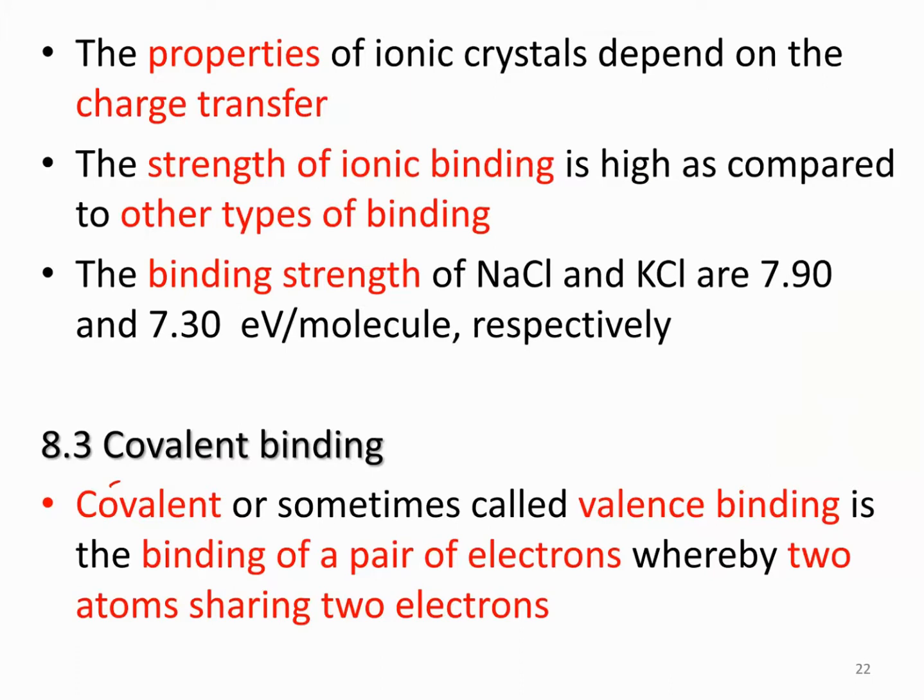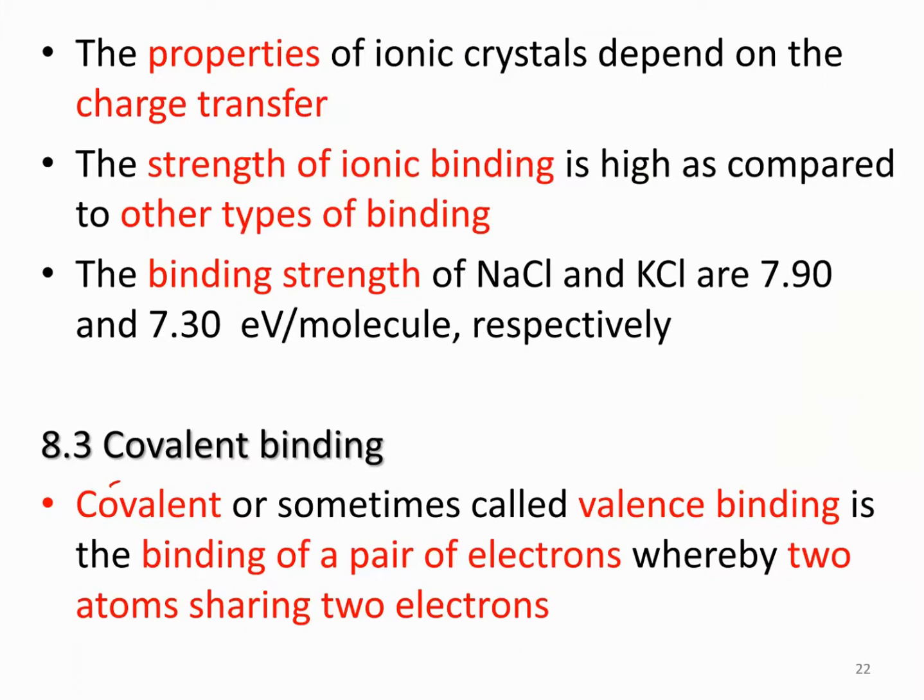Therefore, ionic compounds normally have a high melting point. The binding strengths of sodium chloride and potassium chloride are 7.9 and 7.3 electron volts per molecule respectively. So this is the first type of binding, the ionic binding.